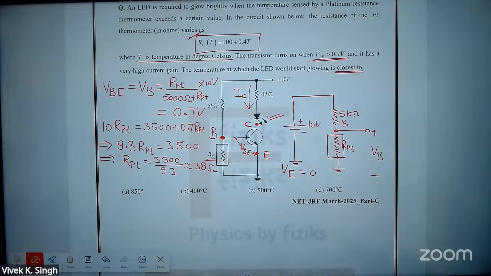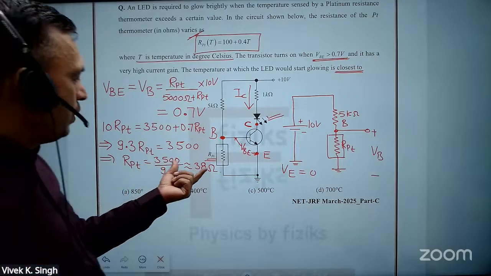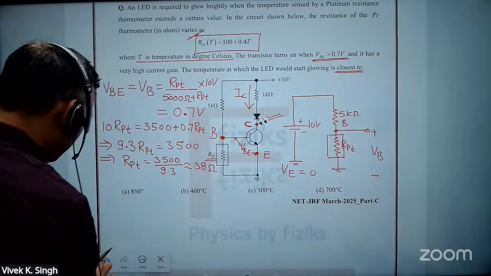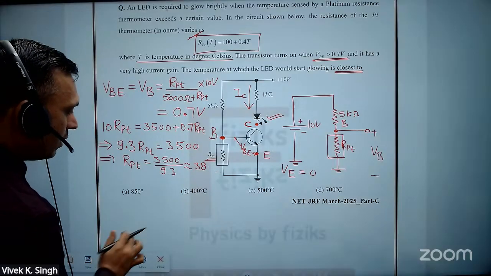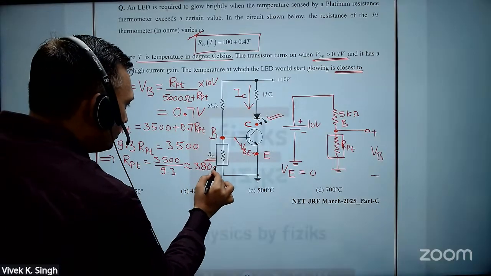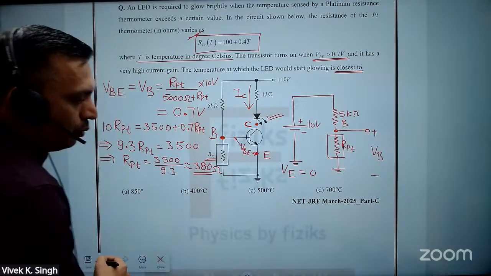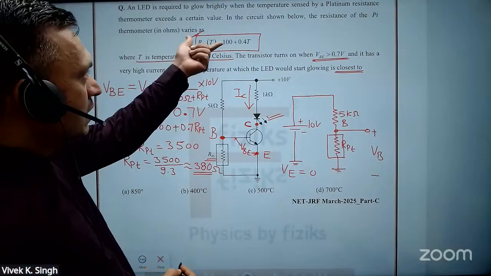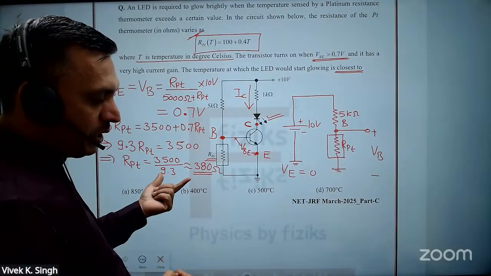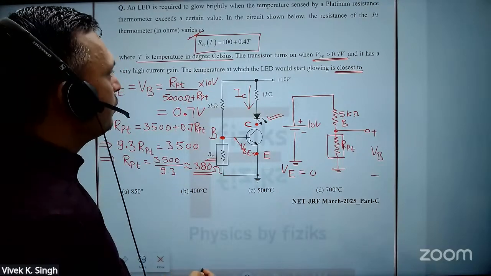Now we will calculate the temperature. What is the temperature required to have this particular resistance of 380 ohms, so that this current will flow?